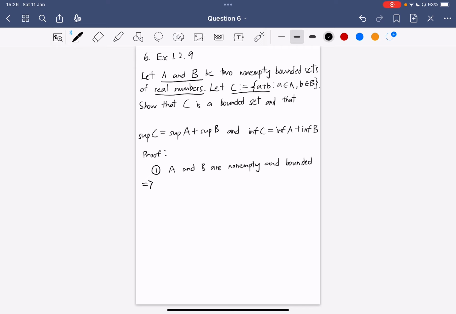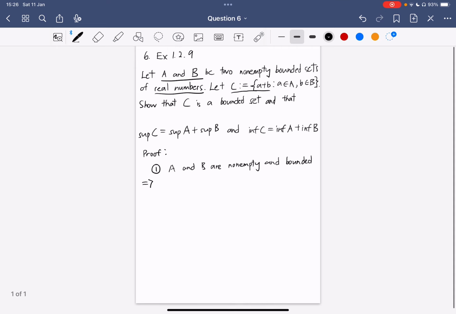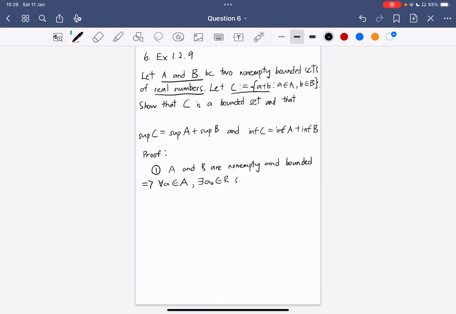So that implies that for all values of small a in the set A, there exists a value A naught such that a is less than A naught.